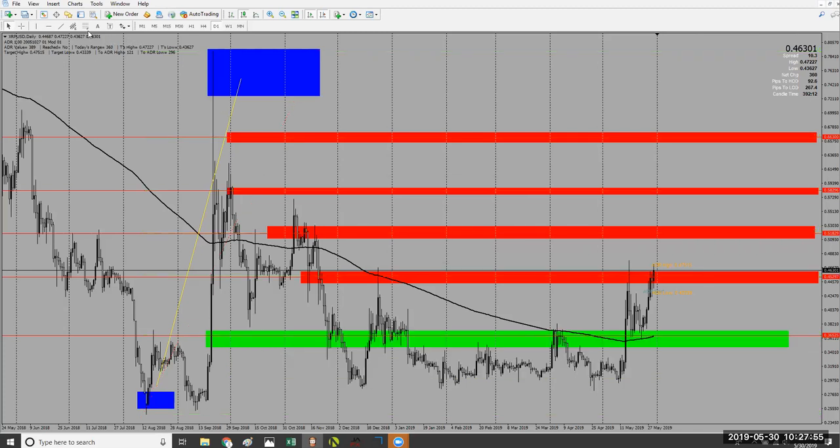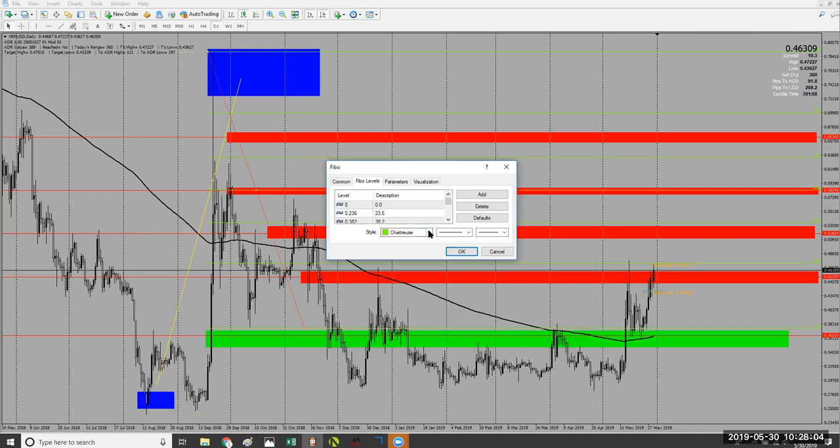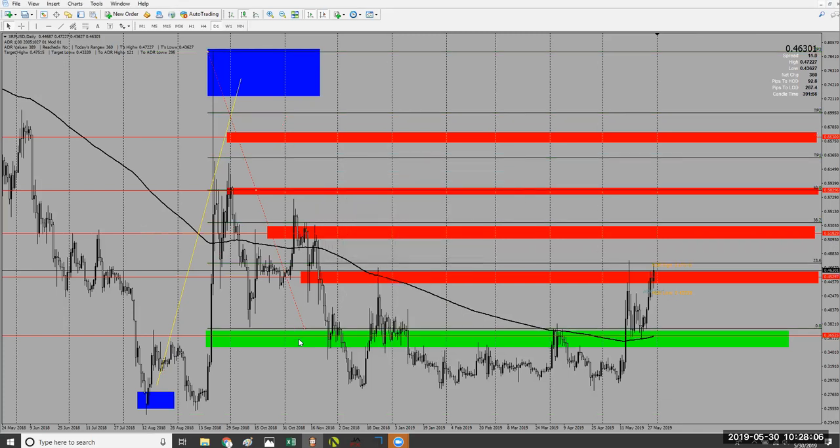But anyway, now we have peak to peak across the 200 moving average. So we'll draw another Fib that'll take us from here to here.